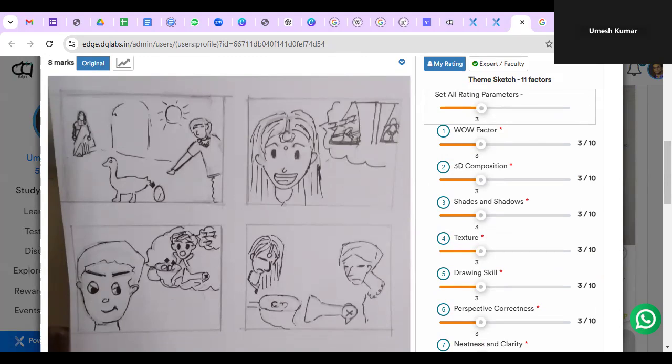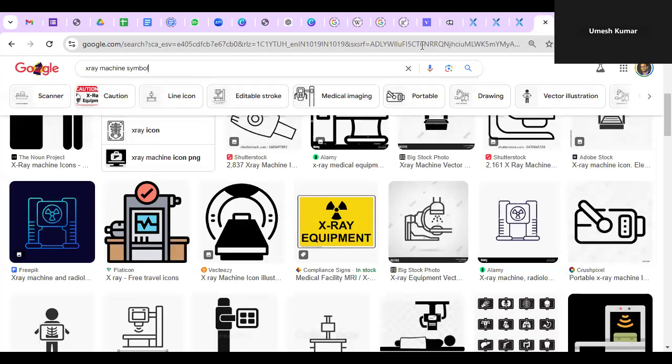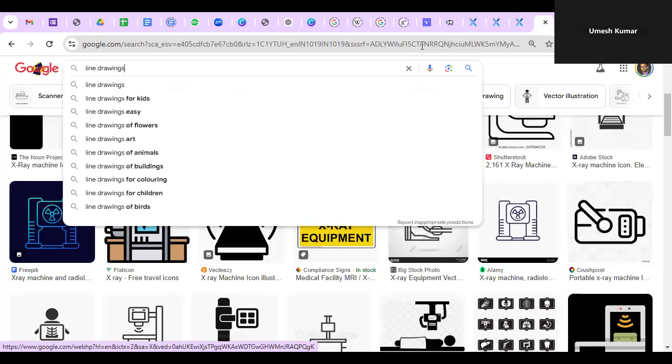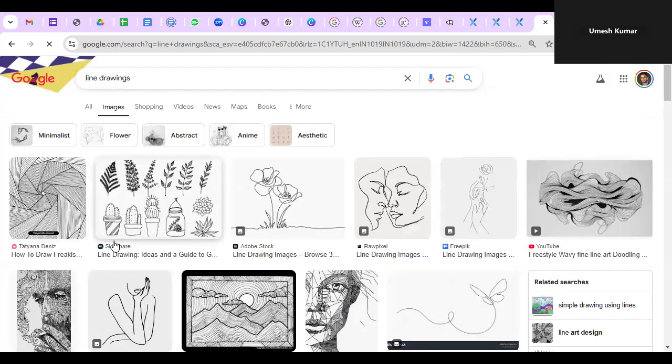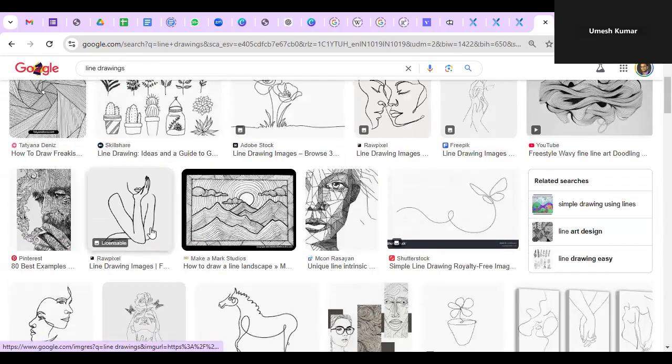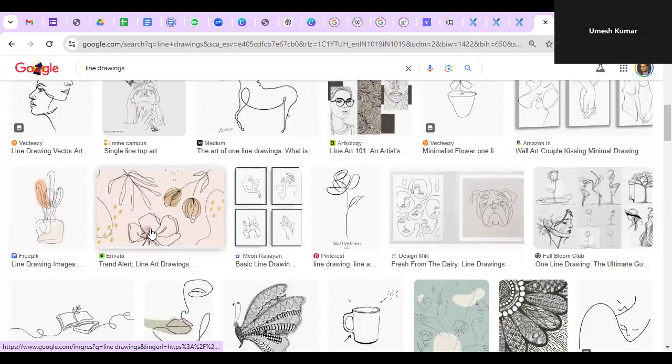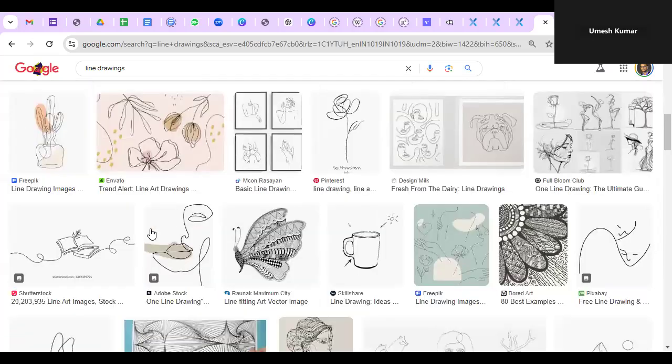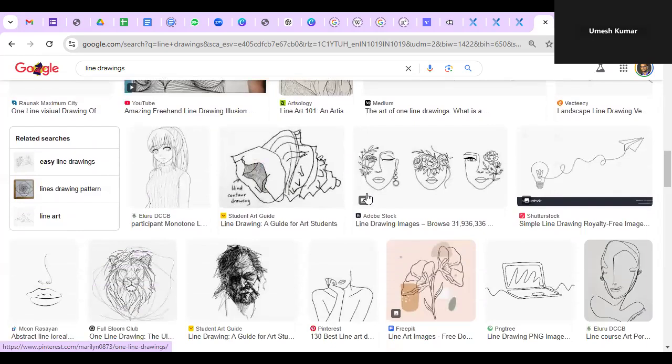So look for some line drawings, line sketches. Look at these line drawings and see a particular style that you like, and try to get that look and feel. Explore.